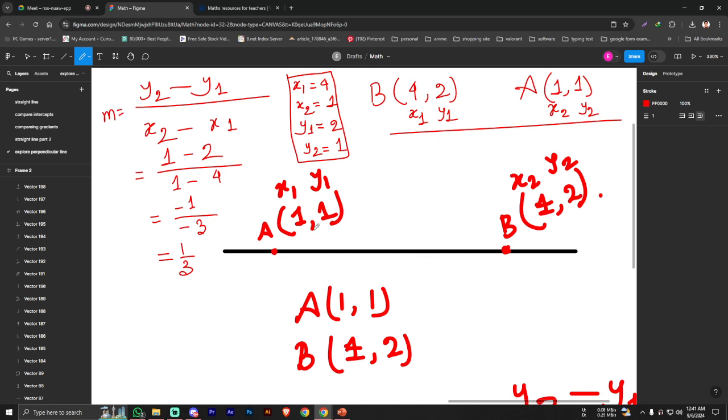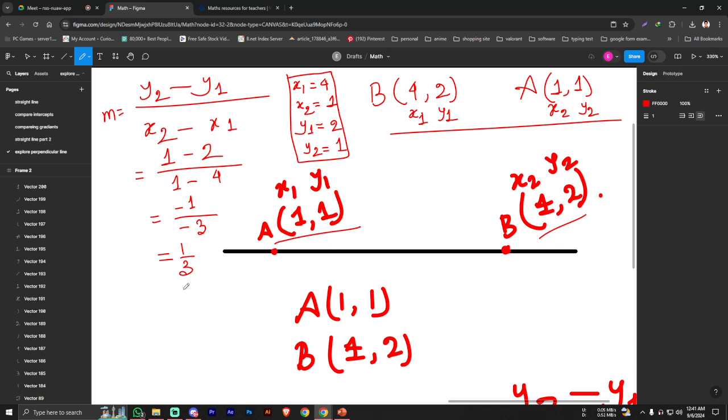And of course, remember, a point's first coordinate is the value of x, and the second coordinate is the y value. So the first one will be x1 and y1, and the second case, x2 and y2.